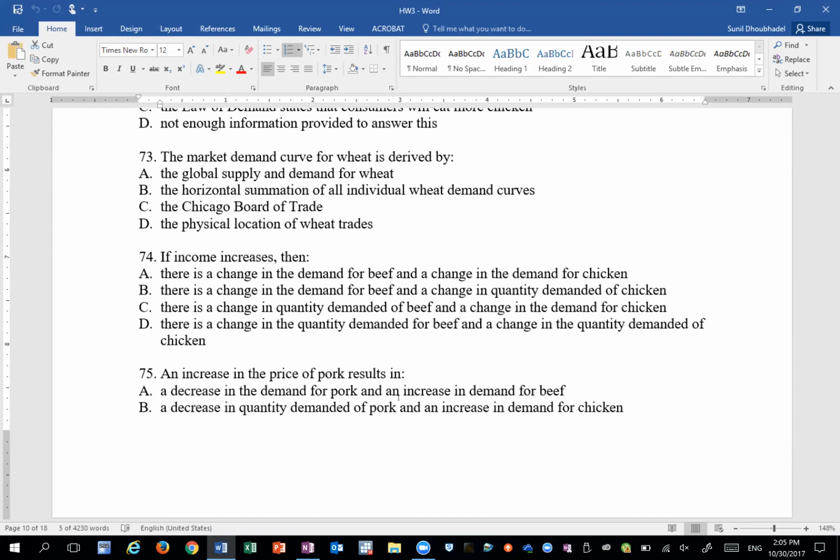And the answer is A, right? Income is one of the factors that affects demand. So both chicken and beef demand would be shifted outward. So it would be a change in demand, not a change in quantity demanded, for both.